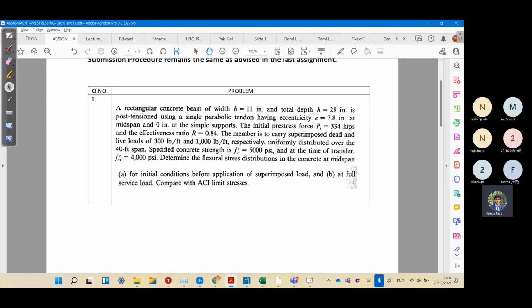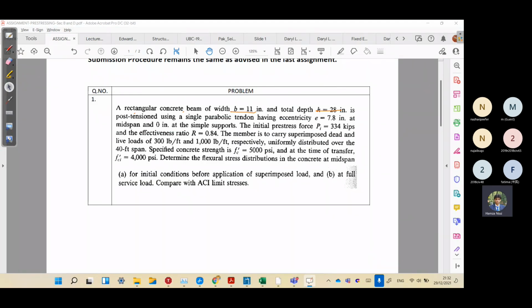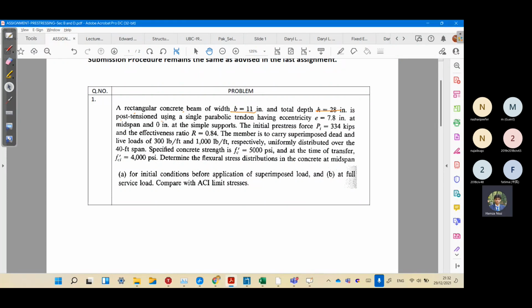In this, it is saying that a rectangular concrete beam of width 11 inches and depth 28 inches. So we are given a concrete beam with 11 inches width and 28 inches depth, and post-tensioned using a single parabolic tendon.